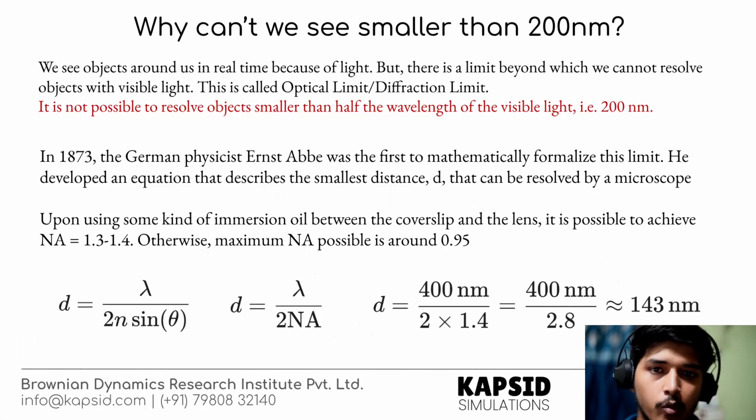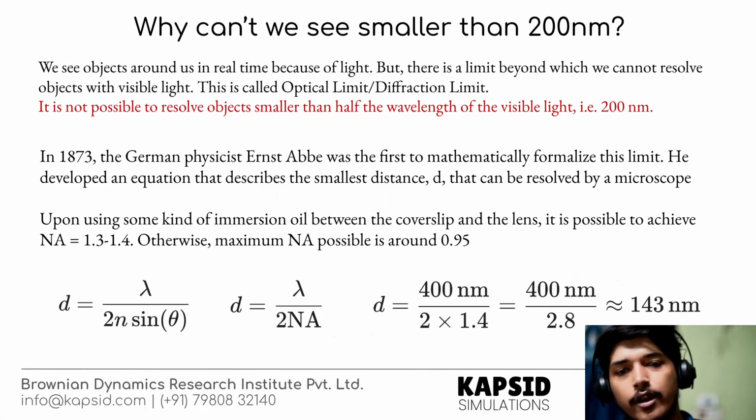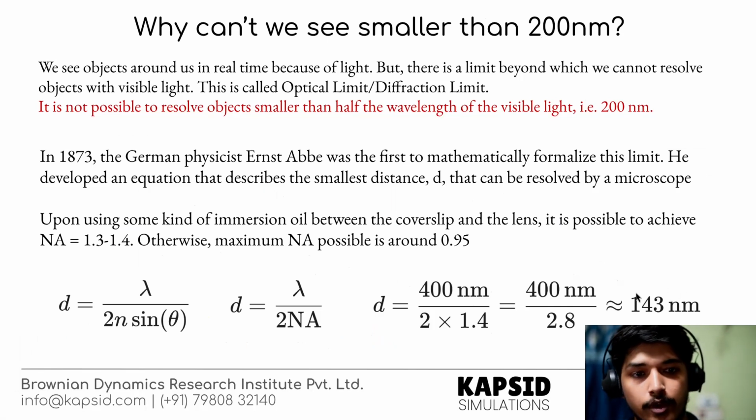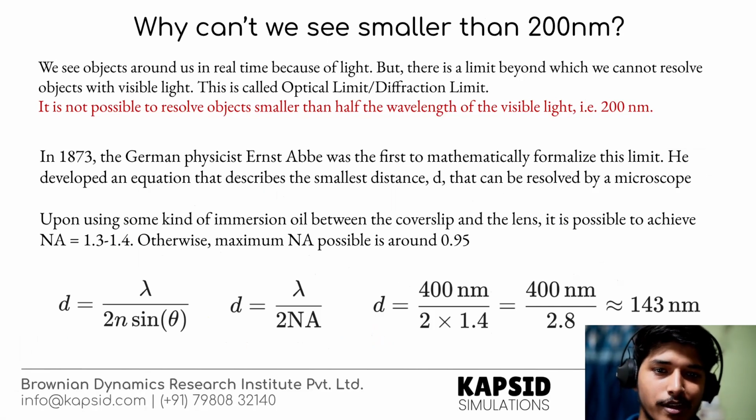And now if we calculate that, it comes to about 143 nanometers. So with just a small jugaad, as we call it in India, you can actually increase the efficiency of lenses.